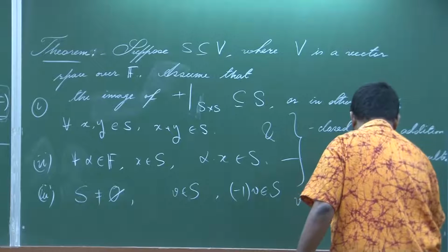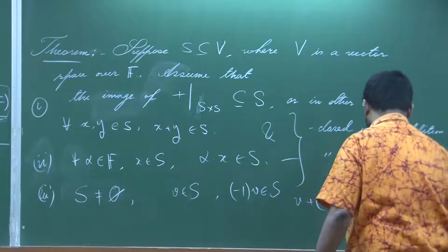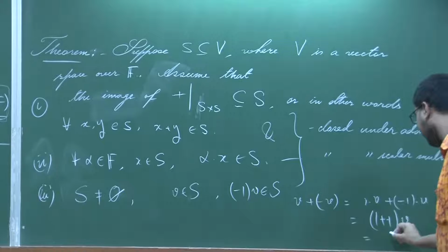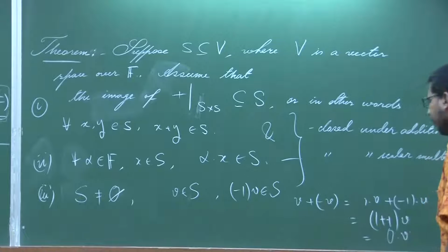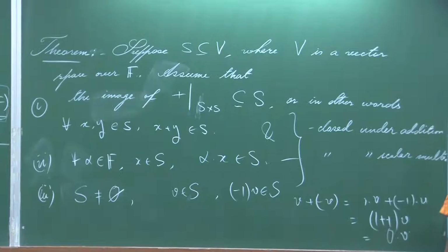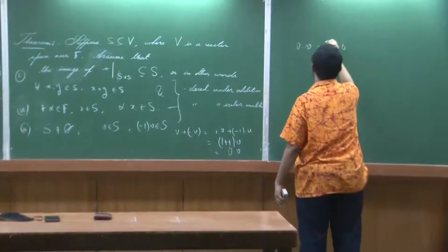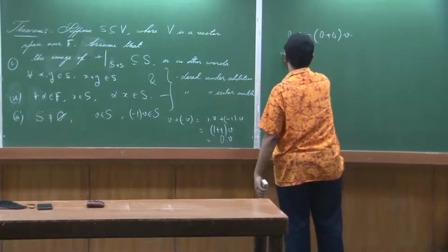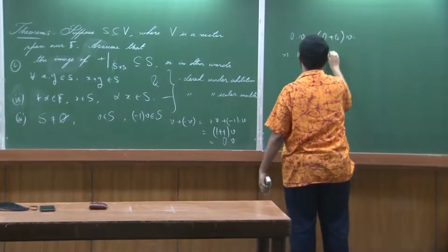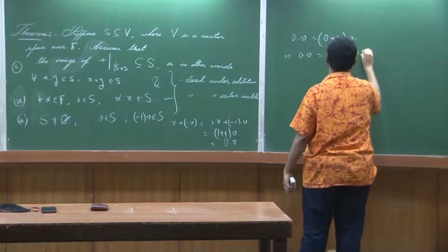So from the properties of a vector space, 1 plus minus 1 is 0, so it is 0 times v. So what is 0 times v in a vector space? That is very easy to see. 0 can be written as 0 plus 0, so 0 times v is 0 times v plus 0 times v.